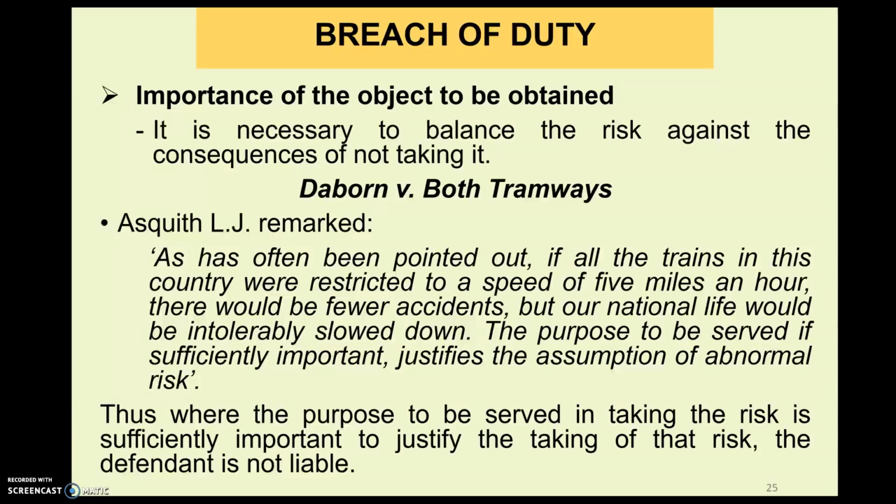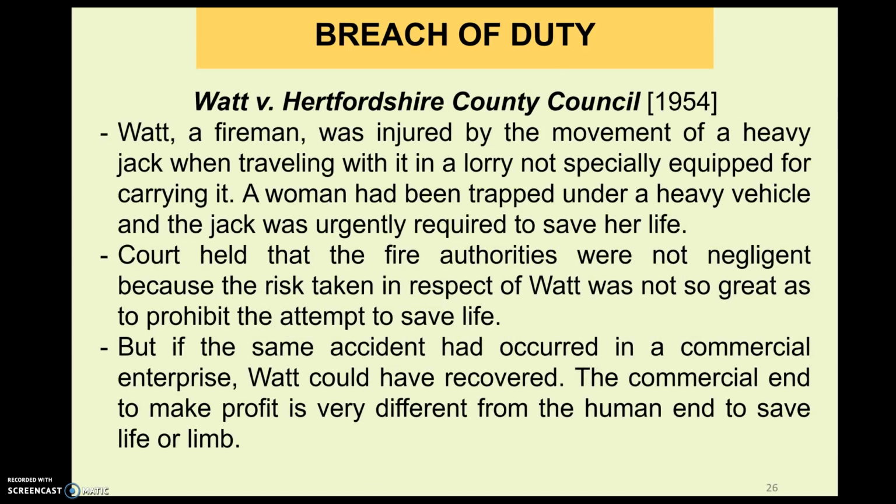So basically, if you drive very slowly, there will be fewer accidents. But our national life would be intolerably slowed down. You can't help it. You have to go beyond. So the purpose to be served, if sufficiently important, justifies the assumption of abnormal risk. So where the purpose to be served in taking the risk is sufficiently important to justify the taking of the risk, the defendant is not liable. Okay?